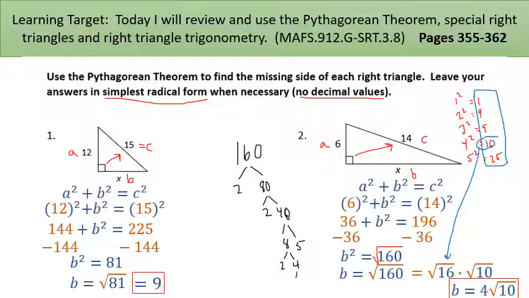And then 4 is 2 times 2. So all we're doing is we're breaking these down. If there's a number that can be broken up into two smaller factors, then we're going to do that. And so what we end up with is that this number 160 is going to equal 2 times 2 times 2 times 2 times 2 times 5. All those numbers multiplied together, that's 160.